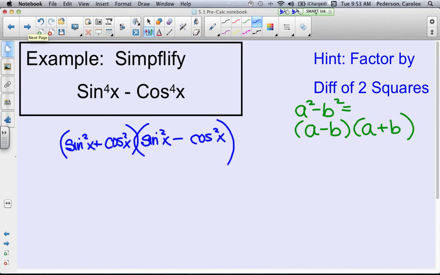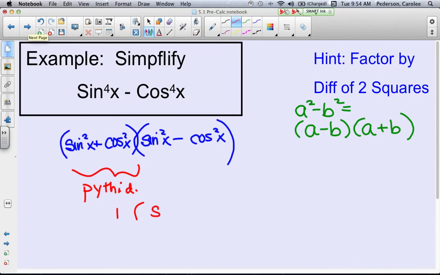Now, any identities pop up there? Which one's the one? This one right here? This is the Pythagorean identity, sine squared of x plus cosine squared of x equals 1.